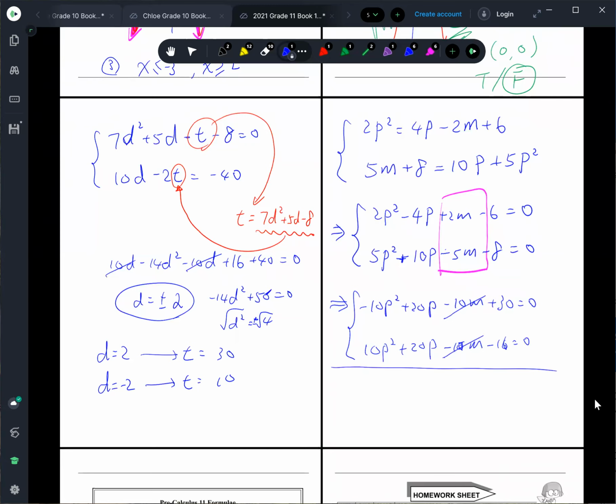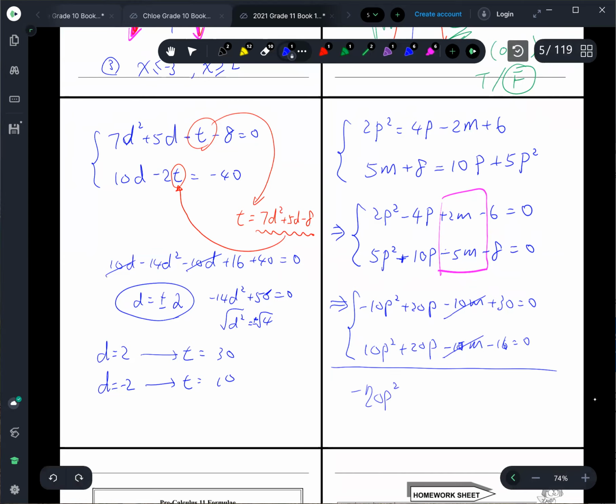You're minusing from the other, so it's 20p squared. The 20p cancels out as well.